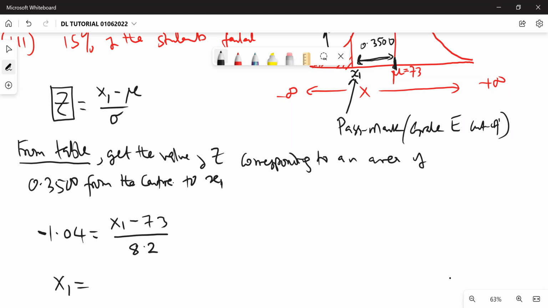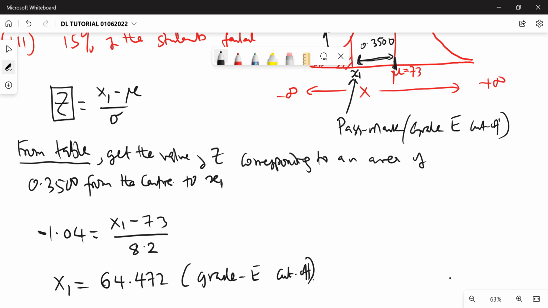Then we add 73. So we'll get x1 is 64.472. This is the grade E cutoff point. Okay, around 64.5.